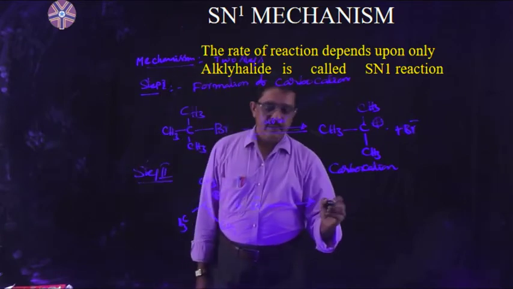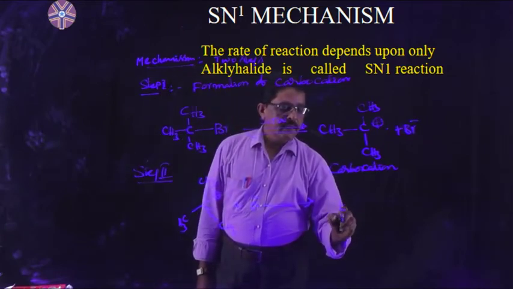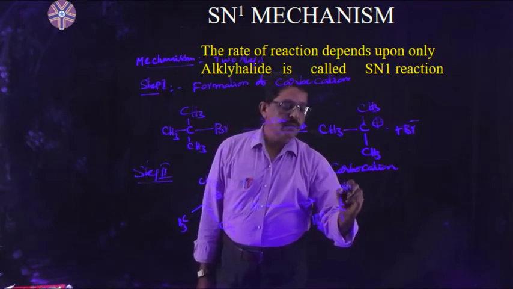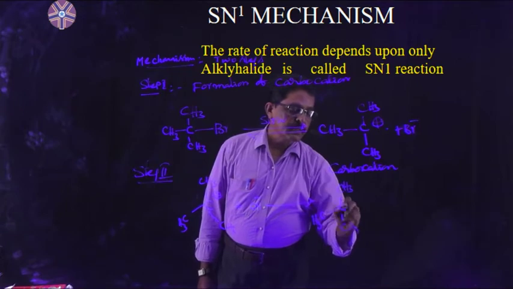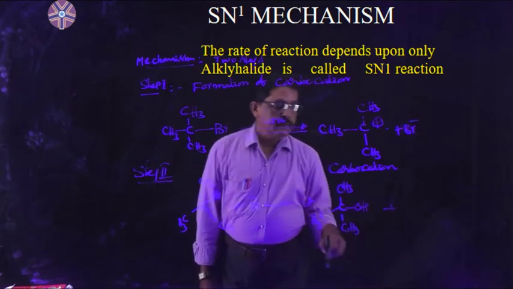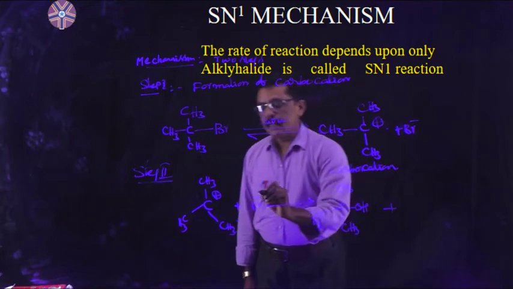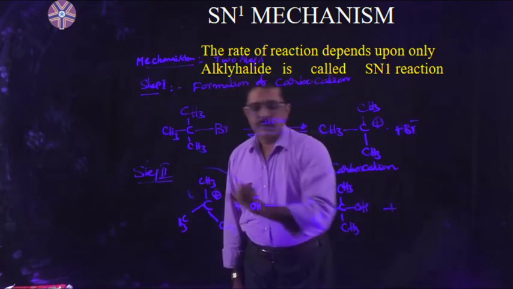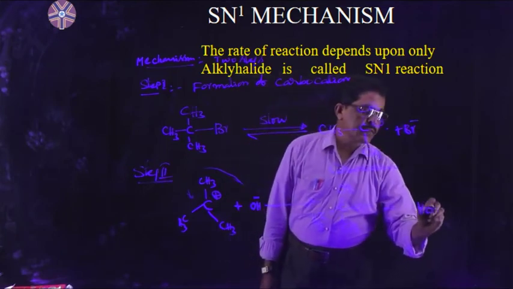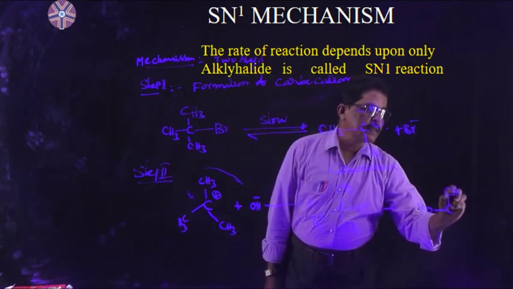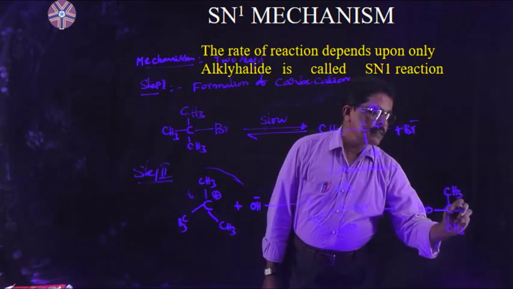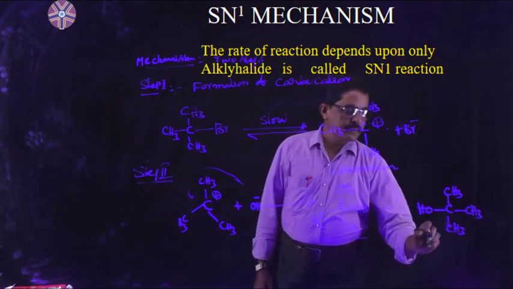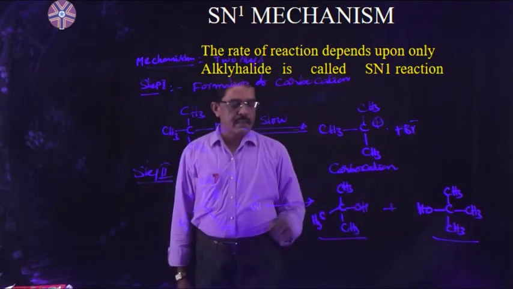Suppose it attacks at the right side, the compound formed is like this, (CH3)3C-OH. Next, if it is attacked in the opposite direction, then we will get the other product. This is the first product and this is the second product. Two products are possible.